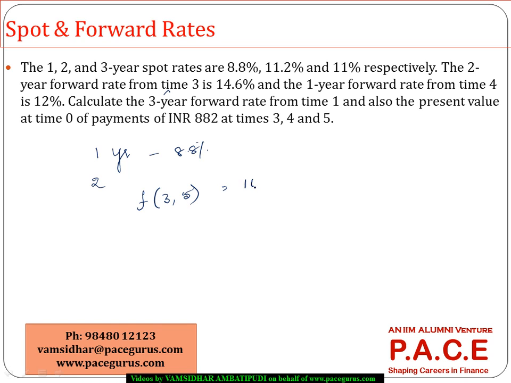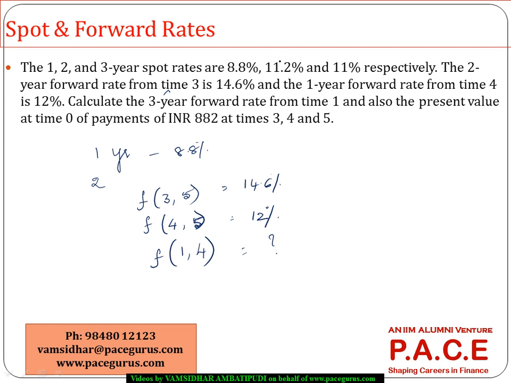The forward rate is taken as 14.6%, and the 1-year forward rate from time 4, between 4 and 5 years, is expected to be 12%. So we are asked to find the forward rate from time 1 for 3 years, which means between 1 and 4.